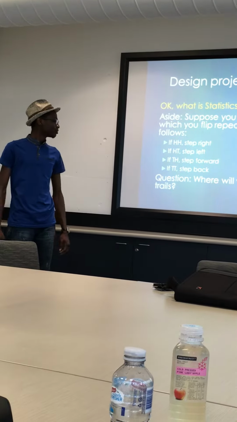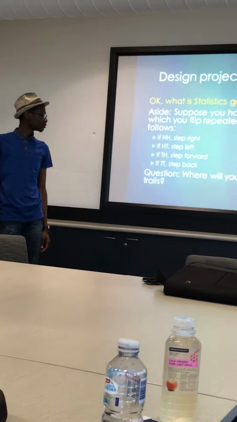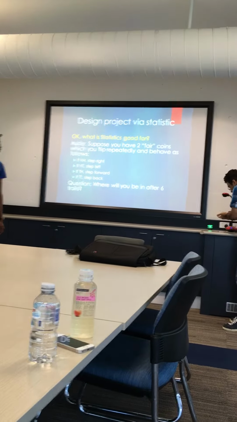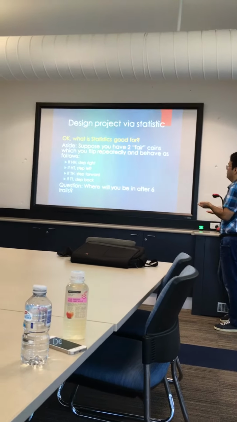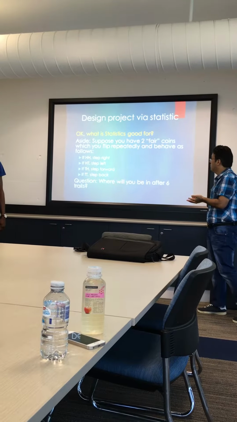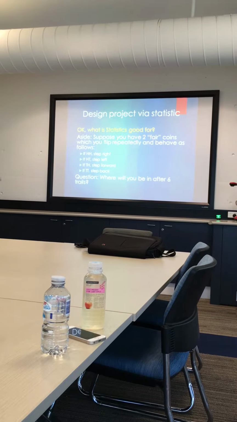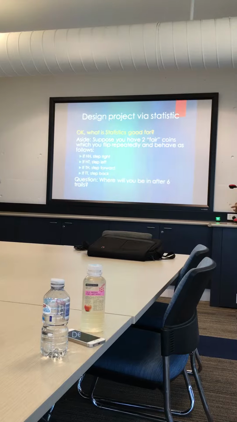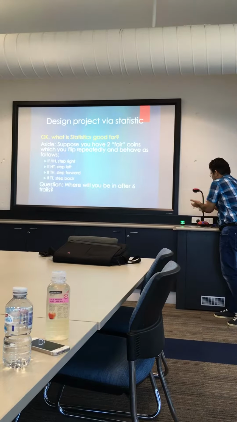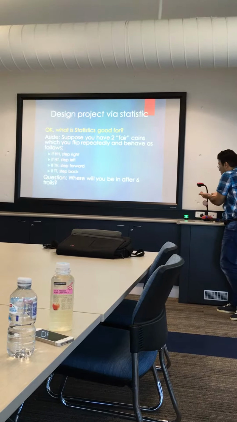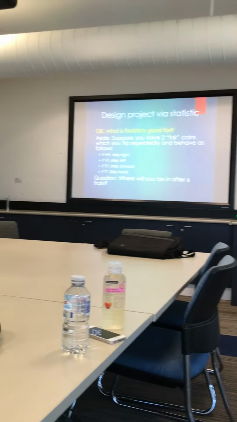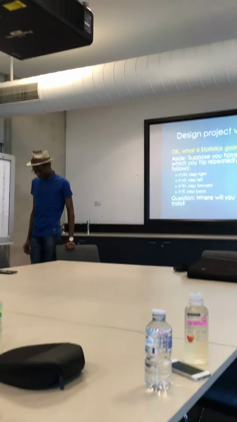Now, the second one, I will do it here, so it's easy for me. This will be the first one. This is TH. TH, forward. Okay. Now I will read it again. This is TT. TT is what? Back. Yeah, one.